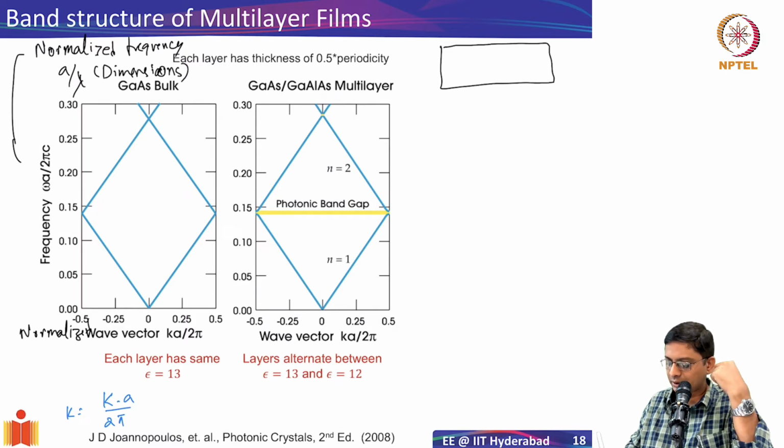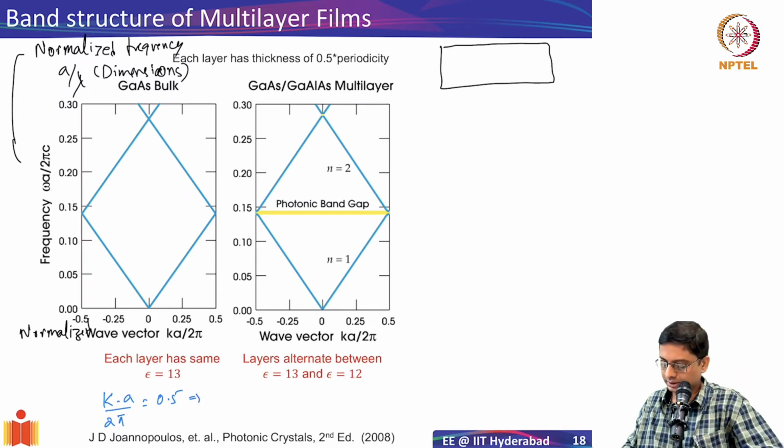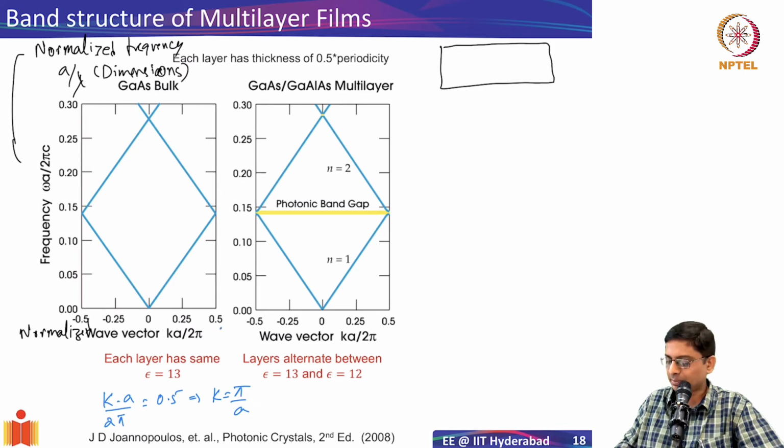If I put Ka by 2 pi equal to 0.5, that implies K will be equal to pi by A. That's it. Okay. So this is my pi by A that I talked about, and this is my minus pi by A. Okay. So these are the extremes.